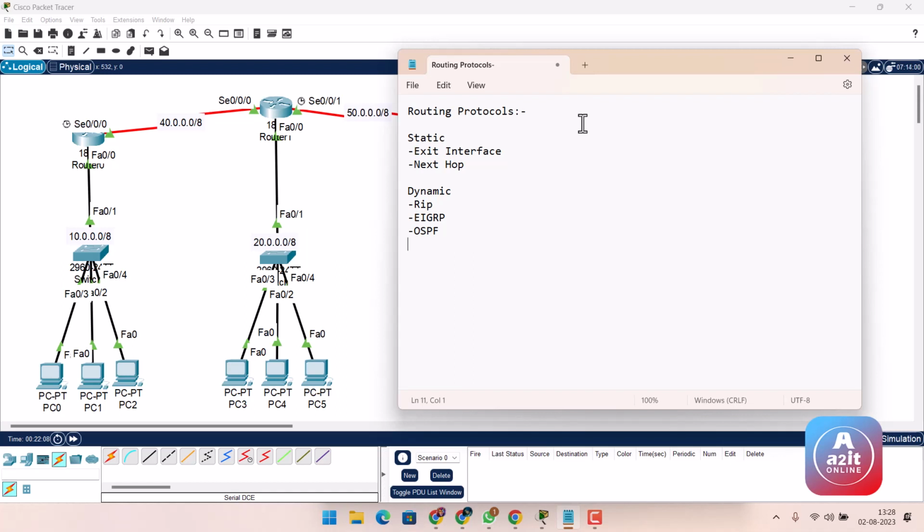So our today's concept is static routing, and in static routing, we will talk about the first protocol, which is exit interface. So first of all, let's see how we can use the exit interface protocol.